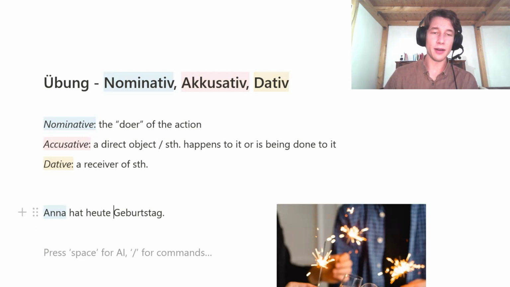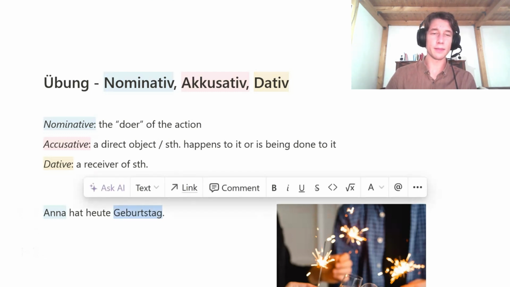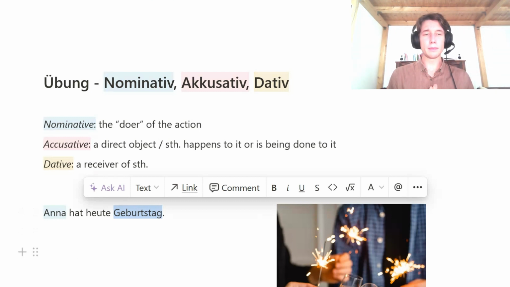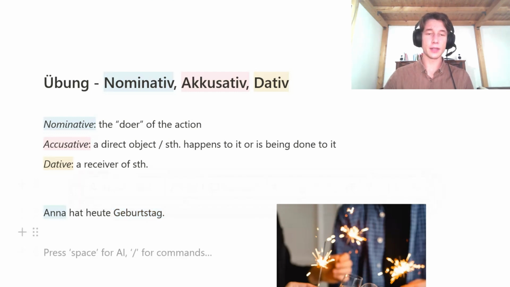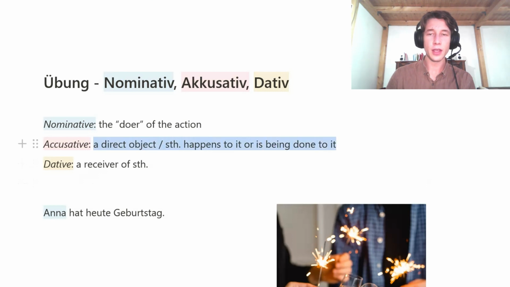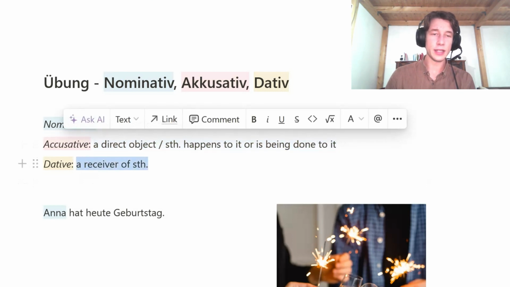And now let's see, what do we do with Geburtstag? The Geburtstag, the birthday, can't be the doer of an action because in this case, Anna is already the doer of an action. In general, it would be possible to have an abstract concept like a birthday as a doer, but in this case, it must be something else. So it could either be a direct object, accusative, or it could be the receiver of something.